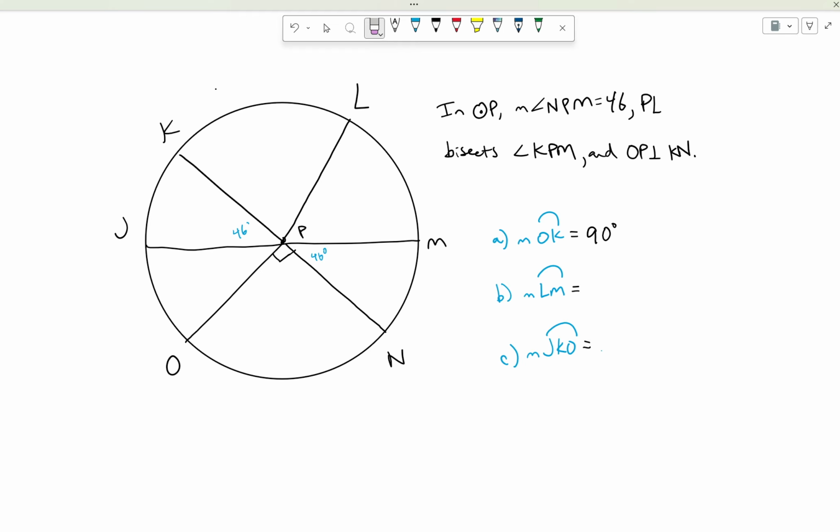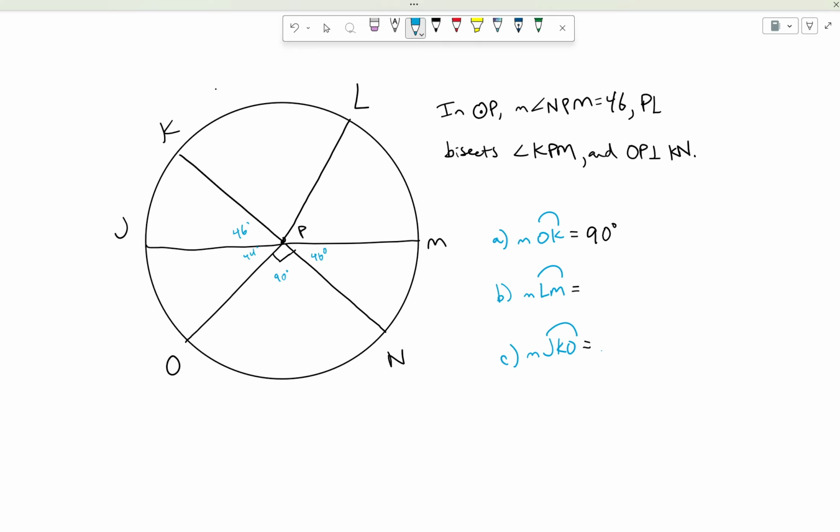Or could we figure out this angle right here? Okay. What other strategies do we have here? Oh, well, we have a 90-degree angle here. Okay, so this one's 90. This one has to be 44. How on earth could we get LM? Right?